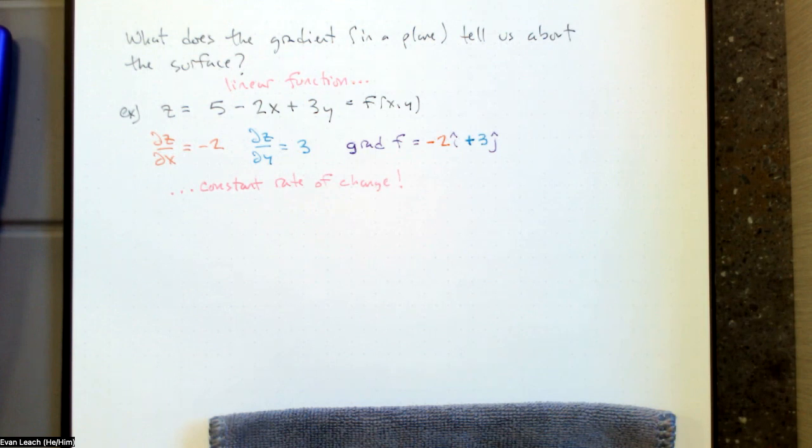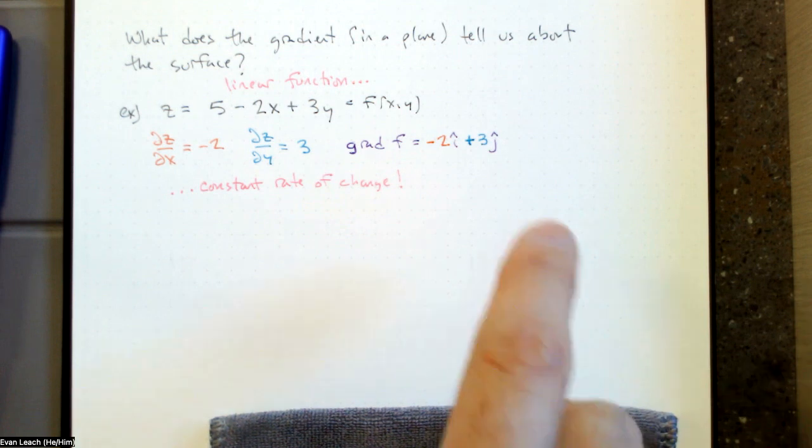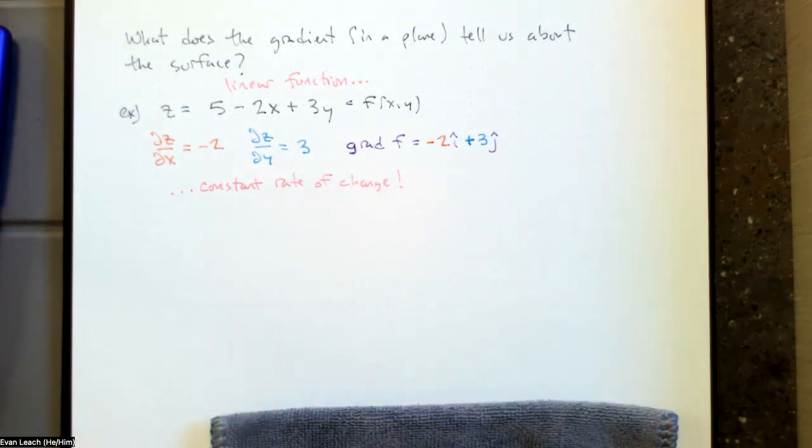A linear function, constant rate of change. Also notice that the gradient is constant. I have a constant rate of change in the x direction, a constant rate of change in the y direction. So our gradient is constant. That's going to make it easy to draw.